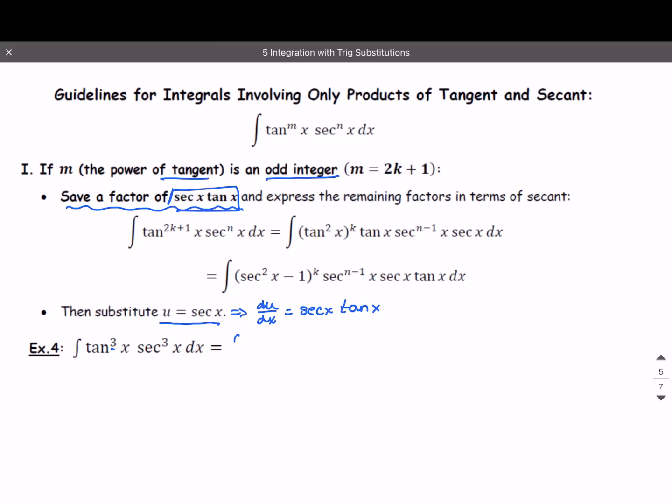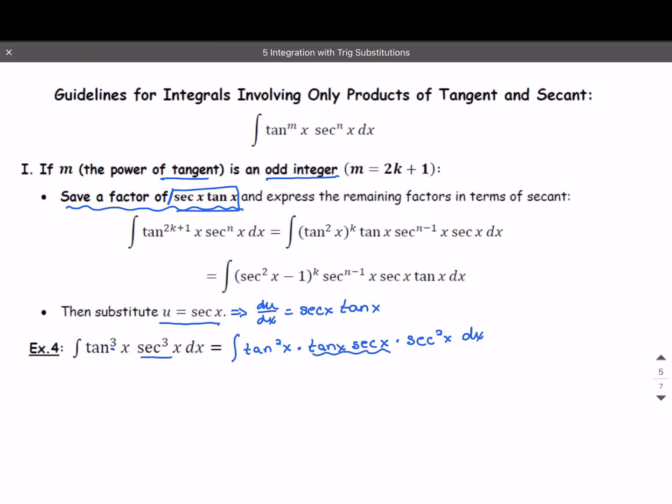So we're going to rewrite this as the tangent squared of x times, I'm going to keep a tan x. Now I'm also going to take a secant x out of the cubing one, so that's a secant squared x dx, because I'm going to need all of that for my derivative.